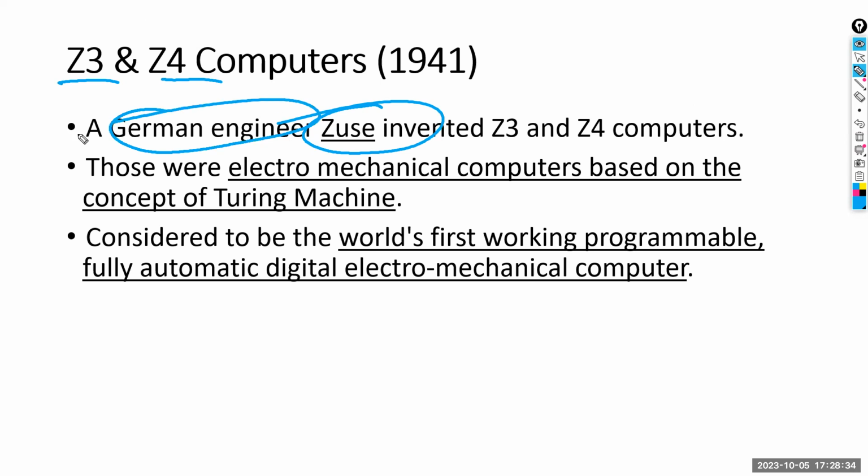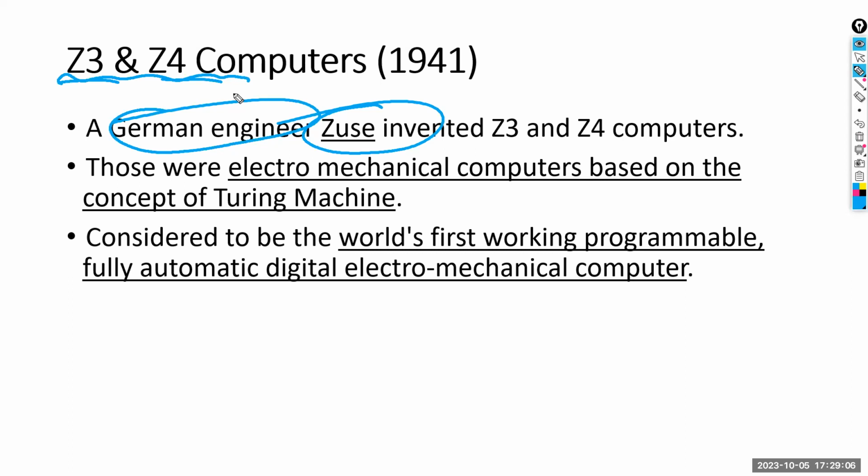Okay, Zuse. Now you can see it's not 100% USA. Some inventions are coming from Europe also, right? So for example, the Zuse 3 and Zuse 4 were used mainly for war-related purposes like encryption, decryption, secret messaging, and so on. And it was an electromechanical computer, right?